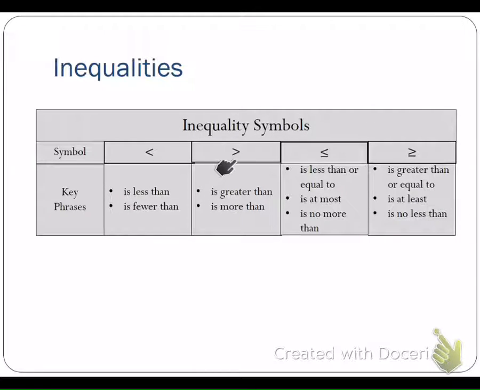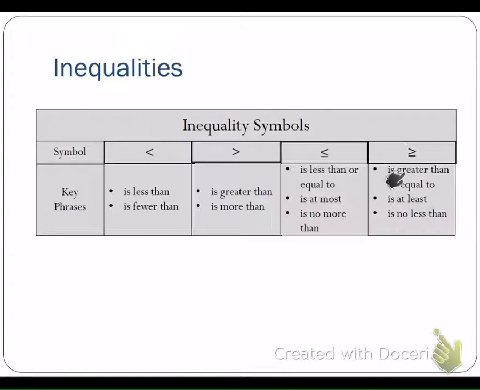This is the greater than symbol. In a word problem, it might be presented as is greater than or is more than. When there's the little line under it, that means it could be less than or it could be equal to, and that would still work, okay? So that symbol is the less than or equal to symbol. Other ways you might see it are is at most or is no more than.